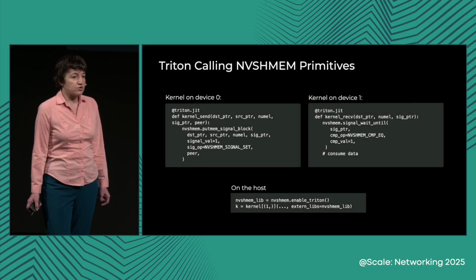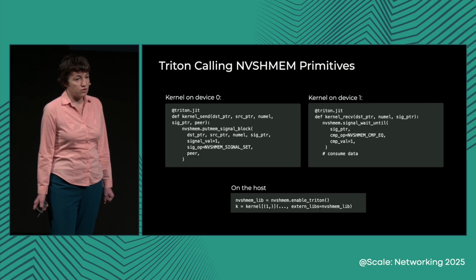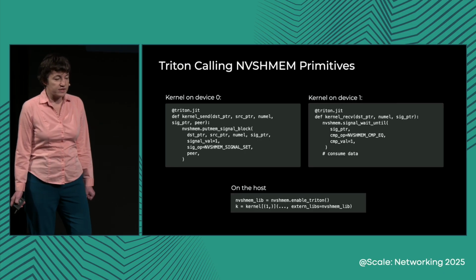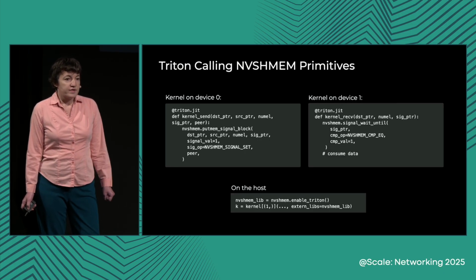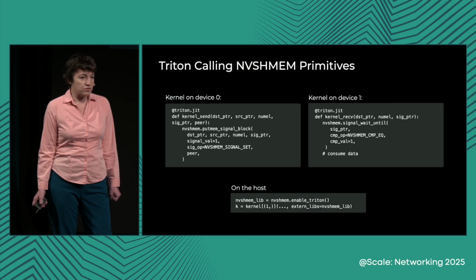And similarly to the previous example, we are allowing people to write Triton kernels that are directly calling NVSHMEM functions to manipulate the data and send them between the GPUs. This example shows how you can send the data from one GPU to another using NVSHMEM primitives. One GPU is sending, another GPU is receiving, so each of them is calling their corresponding NVSHMEM functions.